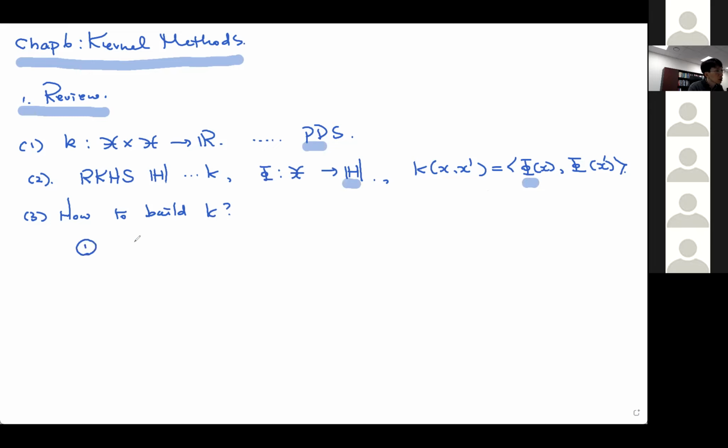Those constructions say that if you take the sum of two kernels, products of two kernels, tensor products, and if you take the limits of the kernels, they still give us a PDS kernel.